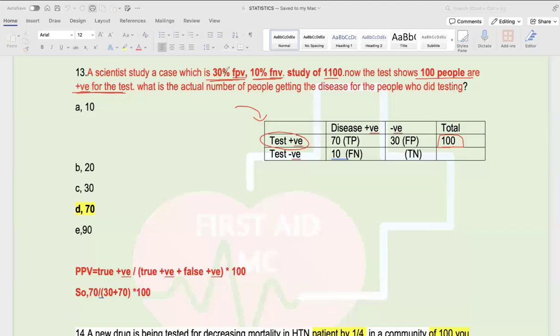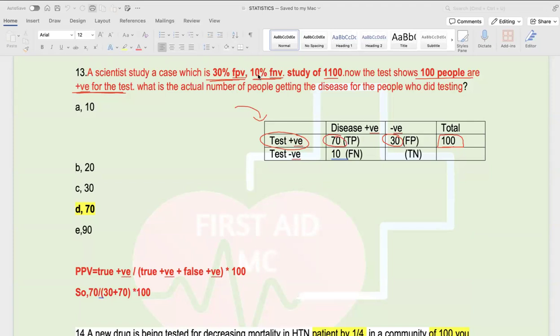And we know that 30% is false positive. And false positive is over here. So this 30 will come there. Right? Now, out of 100, if 30% is false positive, how much is true positive? 70, because 70 plus 30 equals 100, right? So we can easily find this out.